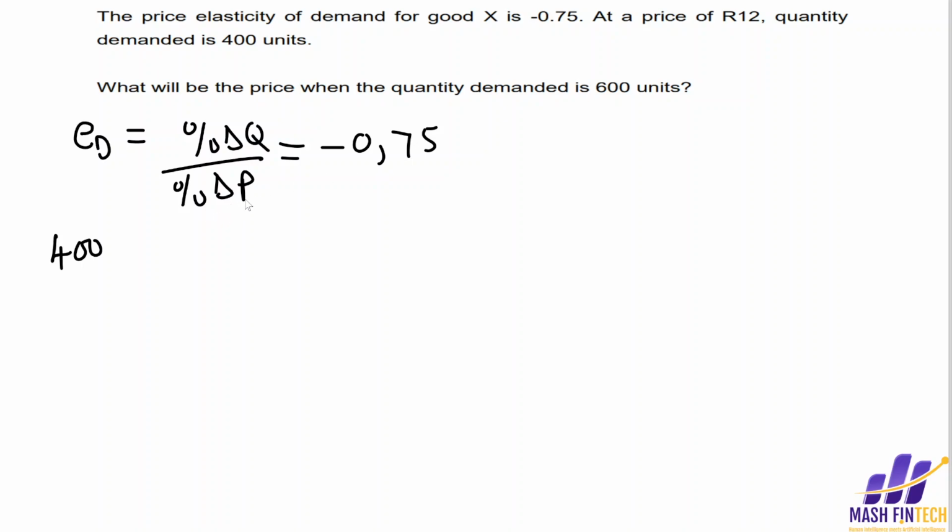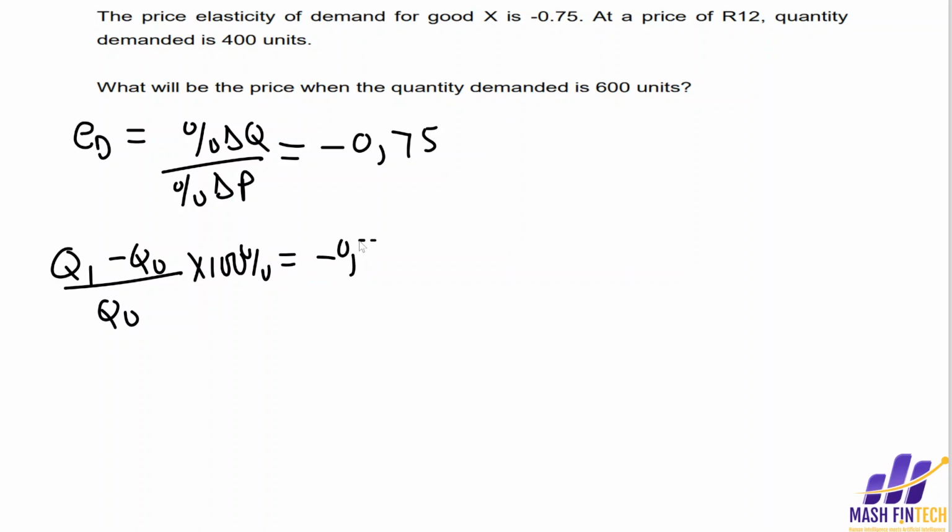So we start by taking, let me write it out first to avoid confusion. Q1 minus Q0 divided by Q0, the original one, times 100% is equal to minus 0.75, we are cross multiplying, times P1 minus P0 divided by P0 times 100%.